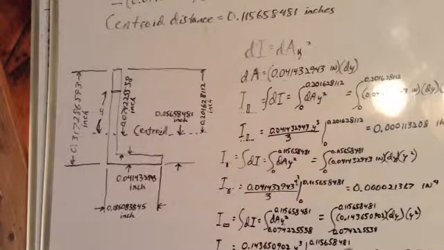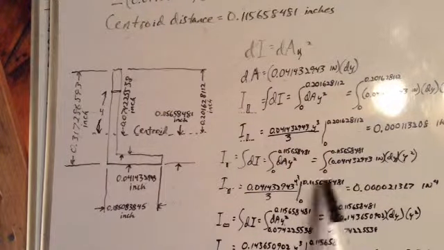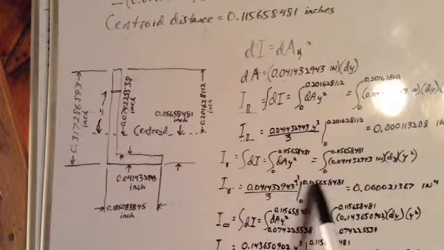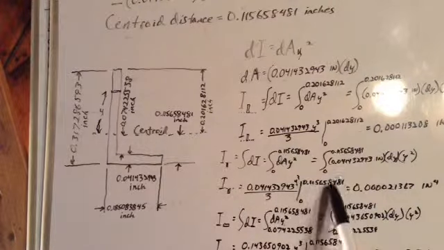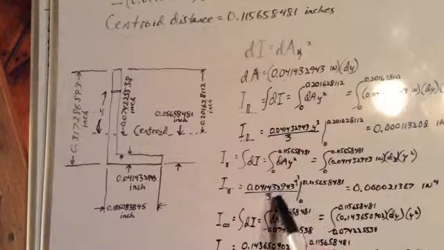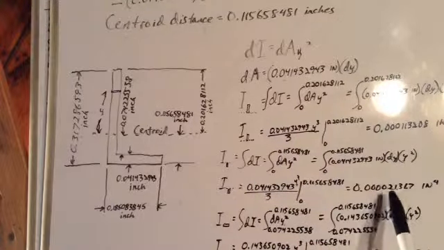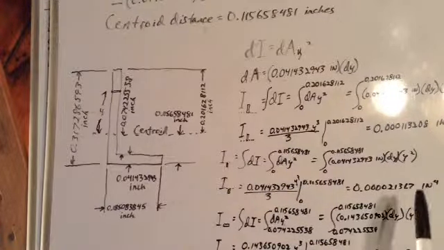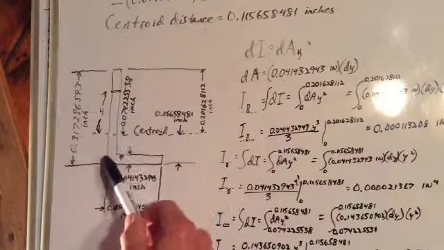Okay, so we plug that in for y. We multiply that by itself and then do it again to get y cubed. Multiply it by that, divide it by 3, and we get that number. Okay, so that's the contribution of that one.